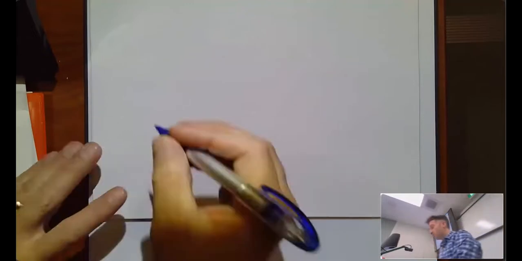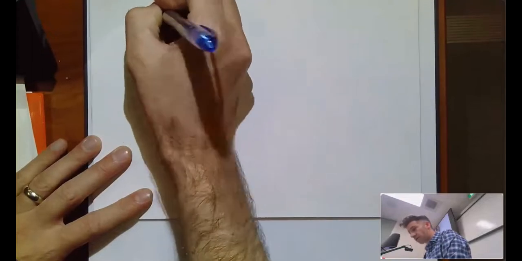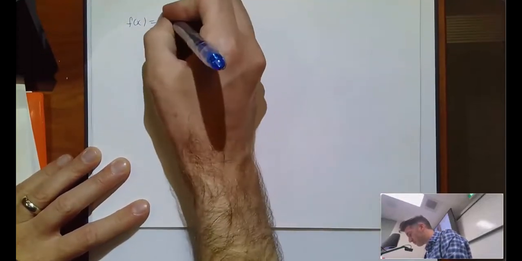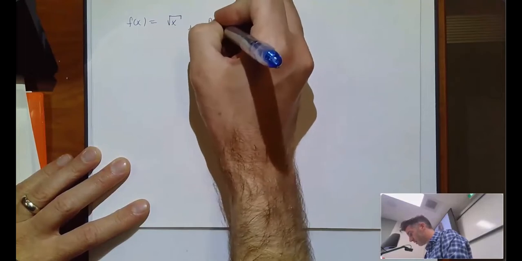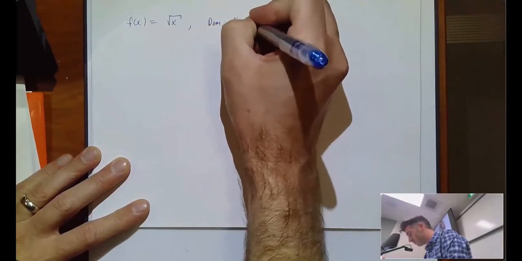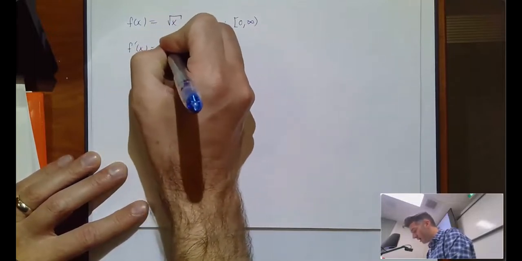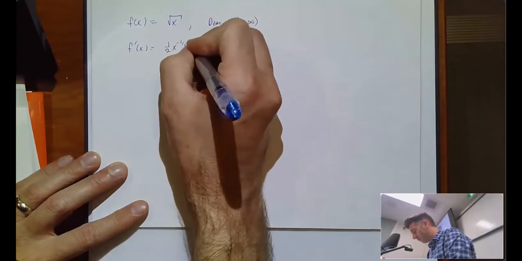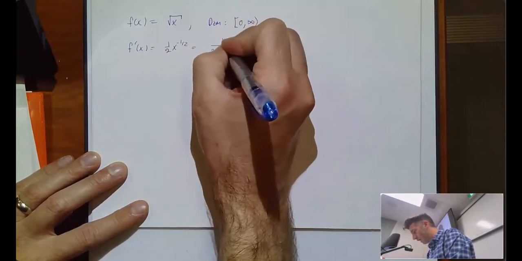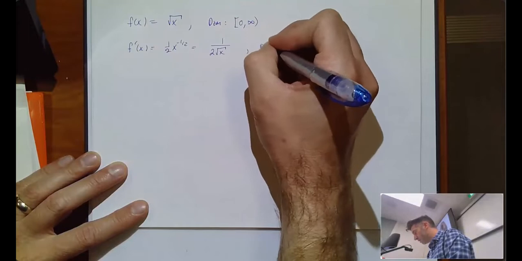Something to be aware of. Typically, when you take a derivative of a function, the domain of the derivative is smaller than or equal to the original domain. For example, f of x equals the square root of x. The domain is everything from 0 to infinity inclusive, whereas the derivative, which is 1/2 x to the negative 1/2, or if you prefer, 1/2 root x, has a domain that is a tiny bit less.